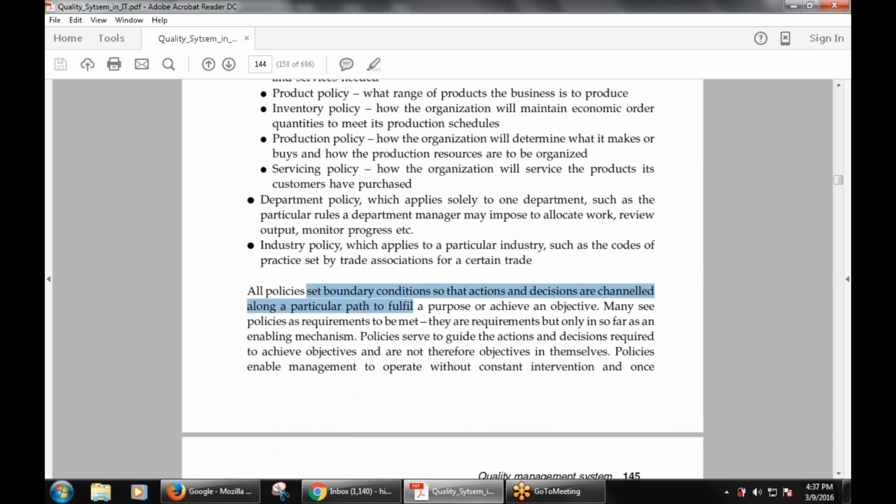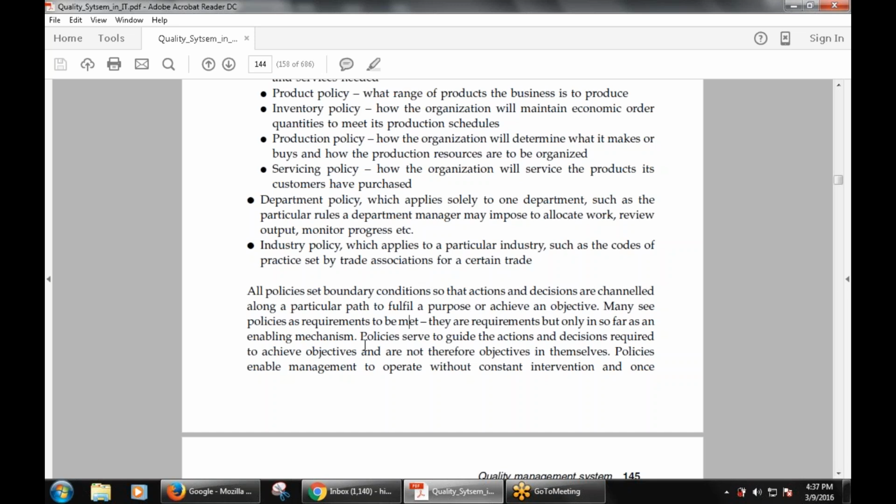And all policies set boundary conditions so that actions and decisions are channeled along a particular path to fulfill a purpose or achieve an objective. Whatever the target is, it is achieved by setting the policy. So there may be an industry policy, a department policy, a service policy. There are different kinds of policies used by the organization that are covered under the document analysis.